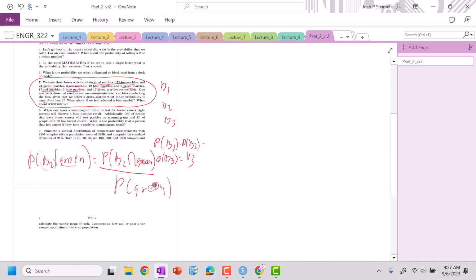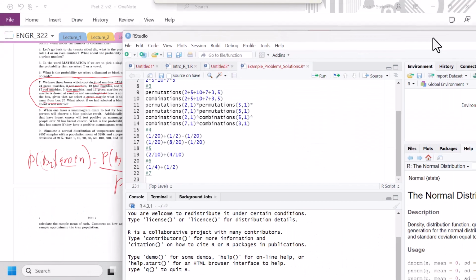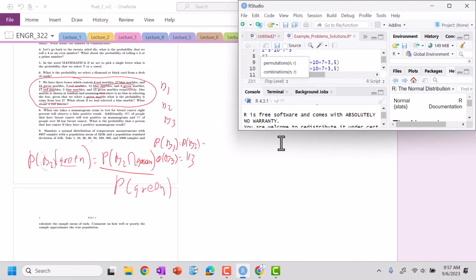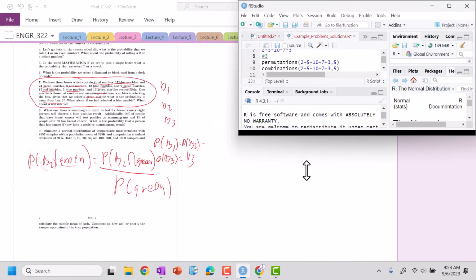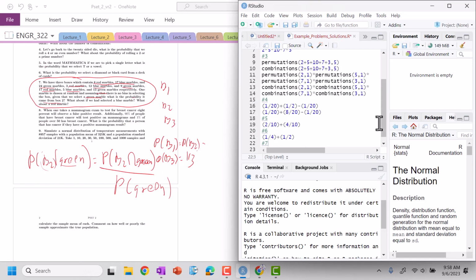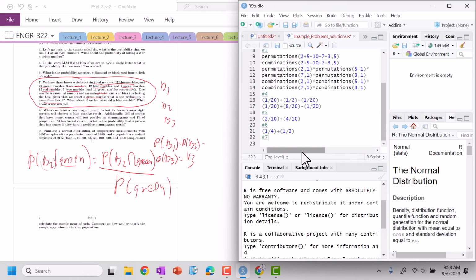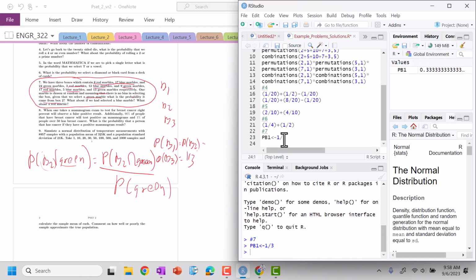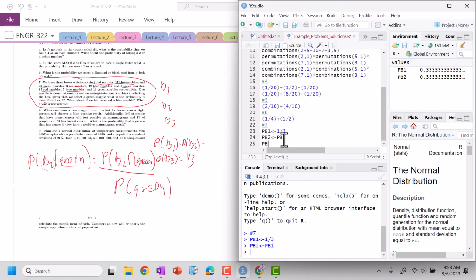So let's tackle this systematically and define some variables. Let's say the probability B1 is set equal to a third. Control enter that. PB2 set equal to PB1. PB3 is equal to PB2.